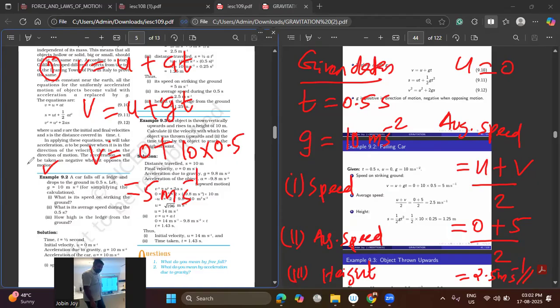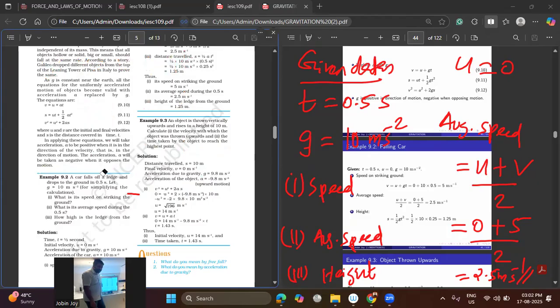And the third part: what is the height? How high is the ledge from the ground? You have to find the distance. Height means distance. So you can use the second equation of motion, S is equal to ut plus half at square, but here you are using the acceleration due to gravity.